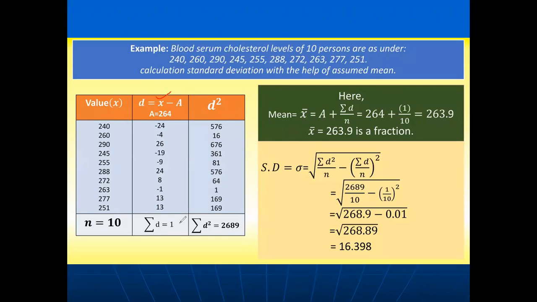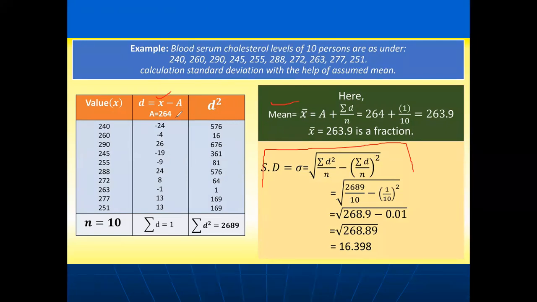So therefore sigma d will be 1. So d square will be 2689. Now in order to calculate standard deviation, we have to use this particular formula. Sigma is equal to square root of sigma d square divided by n minus of sigma d divided by n whole square. Now here, assumed mean you can calculate by this method, or just like that you can assume any number.